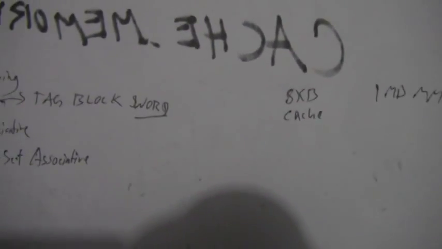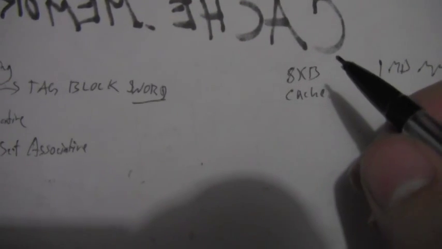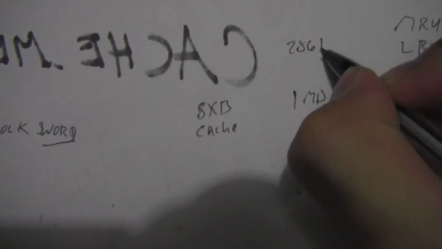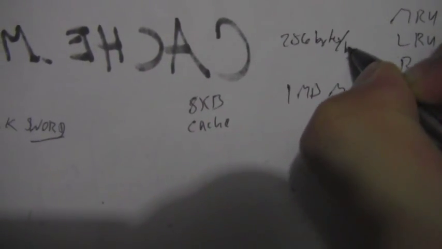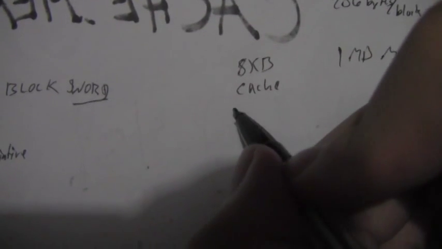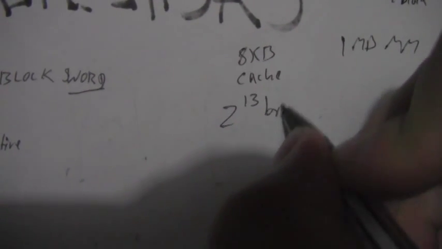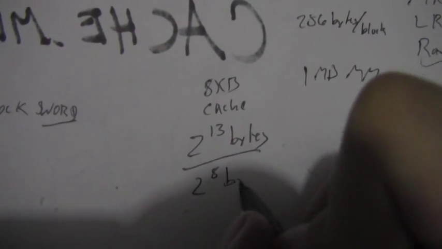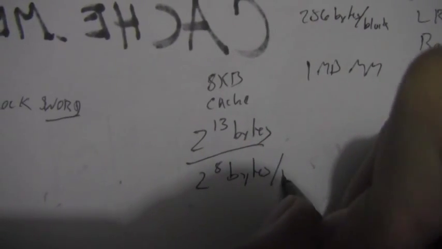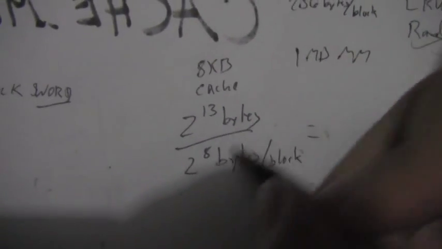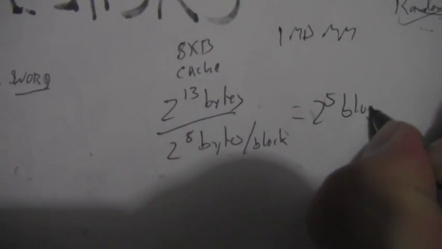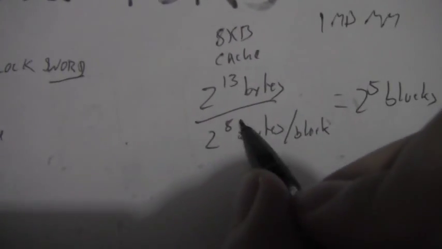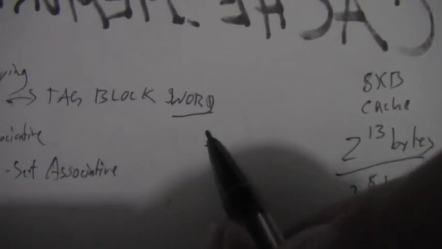And then let's say you have 256 bytes per block. So 8 KB is 2 to the 13th bytes divided by 2 to the 8th bytes per block. That gives you 2 to the 5th blocks. Now this 8 is the number of bytes used to represent the word, so you have 8 bits here.